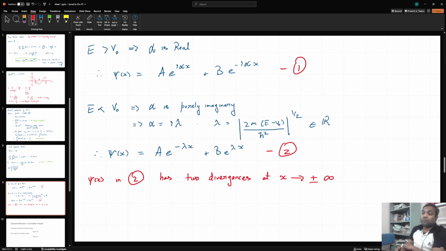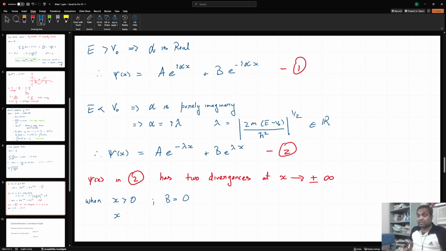So what we need to do is, when x is greater than 0, I need to keep my wave function finite valued, which implies I will need to choose one of these functions where the wave function is finite, and that is e to the power minus lambda x. Therefore, I will have to say b has to be equal to 0.